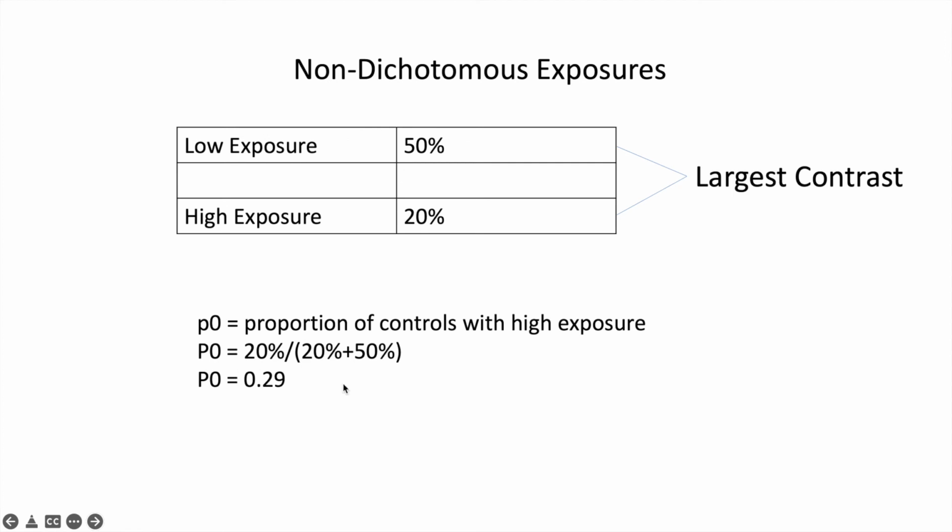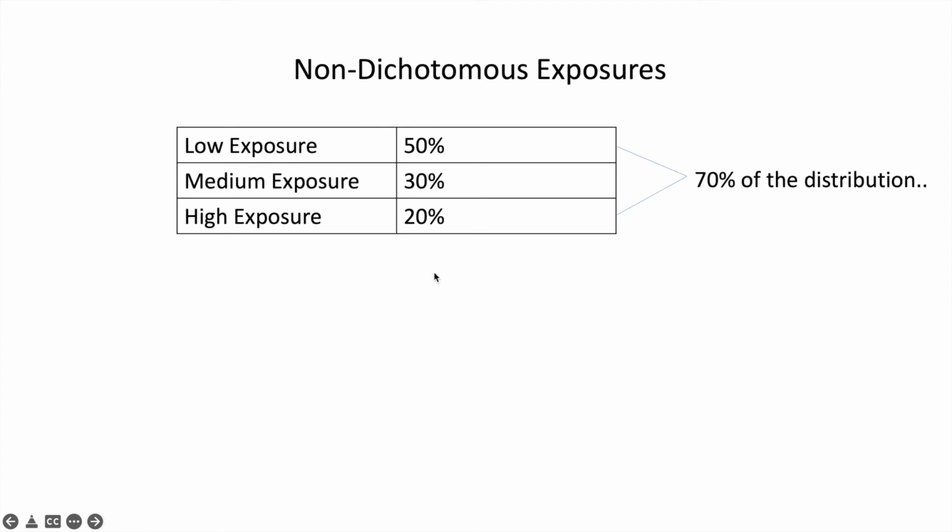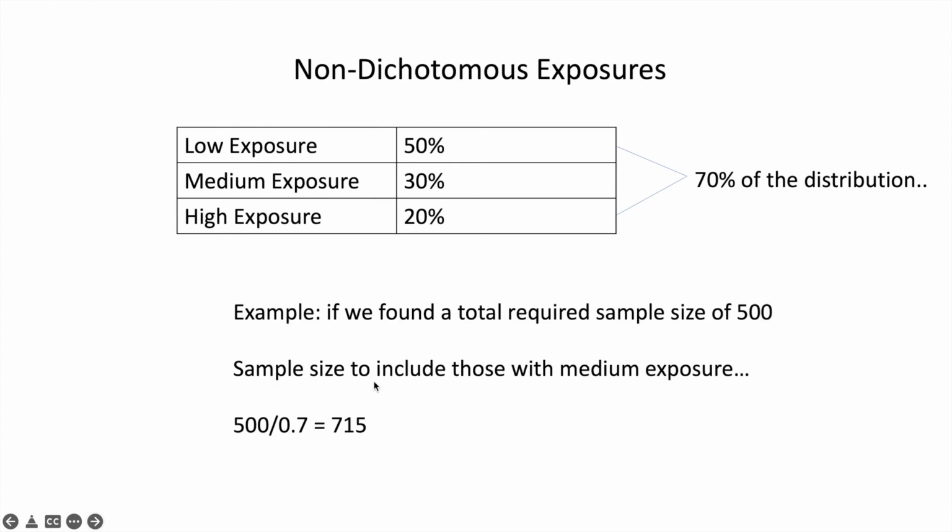So now we have a P0 and we're able to solve for the rest, but we've got to recognize, like before, that we only used this 50% and 20%, so we only used 70% to find this calculation, but we're likely interested in including this middle layer, so we need to account for the fact that we only budgeted being able to detect this in 70% of the population, but we want to find it in 100%. So we figure out what our total sample size would need to be if we were to consider that this was only 70%.